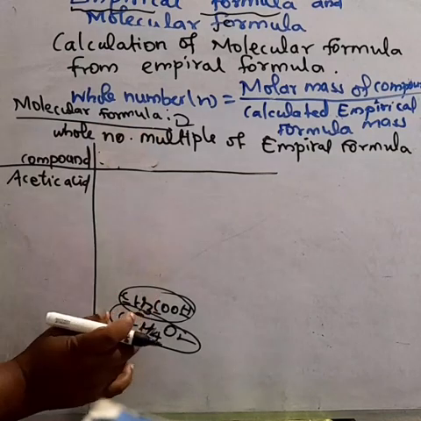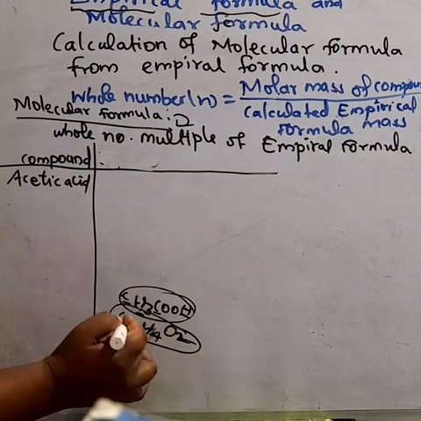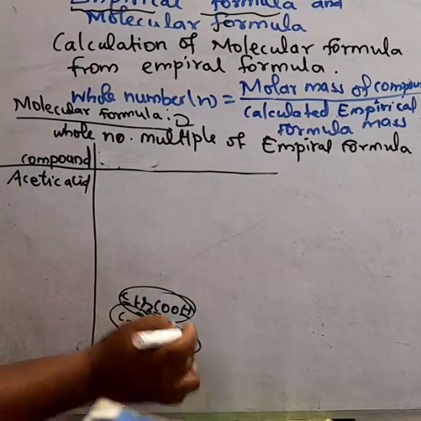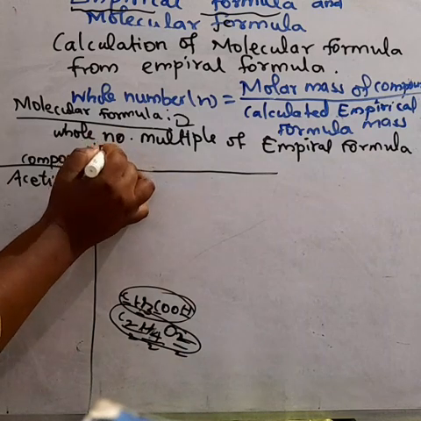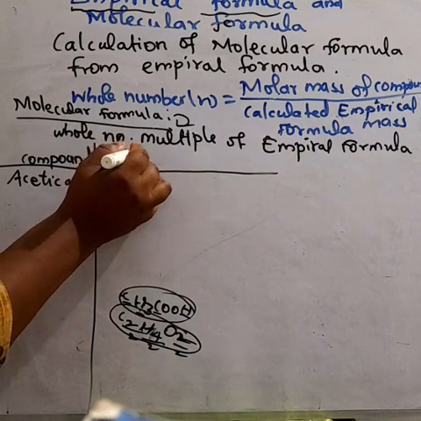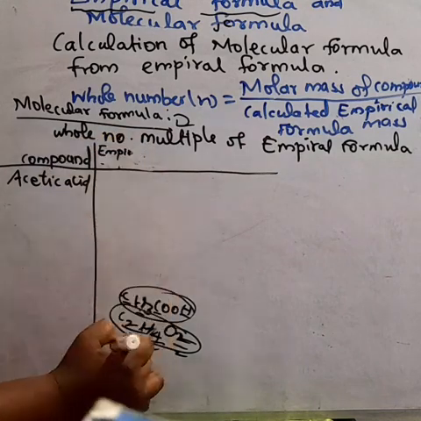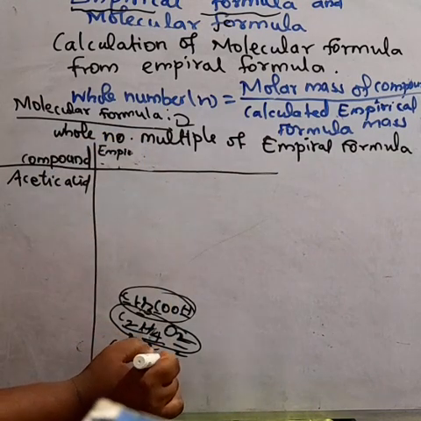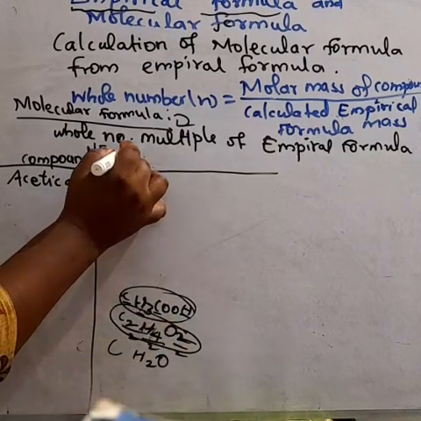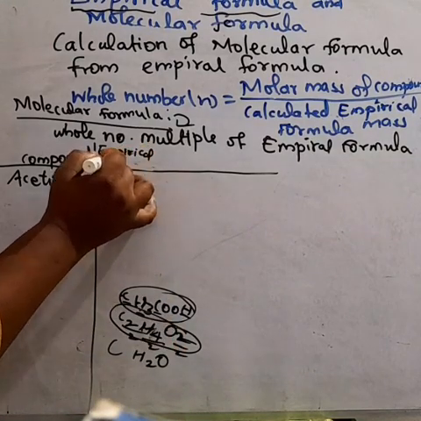When we divide all three atoms by 2, we get the simplest ratio. Carbon 2 divided by 2 gives C, hydrogen 4 divided by 2 gives 2. So CH2O is the empirical formula for acetic acid.